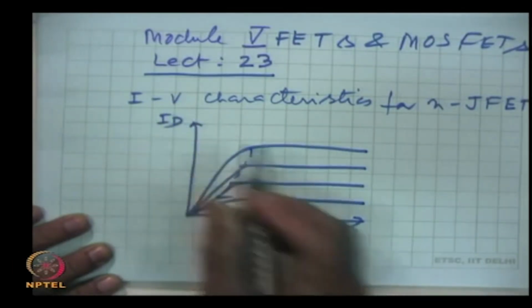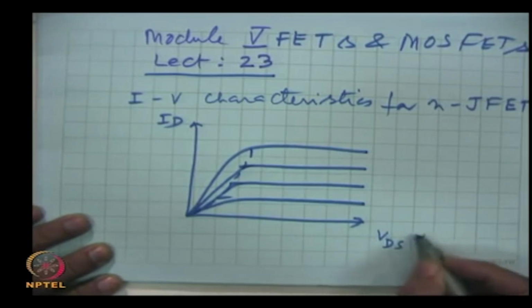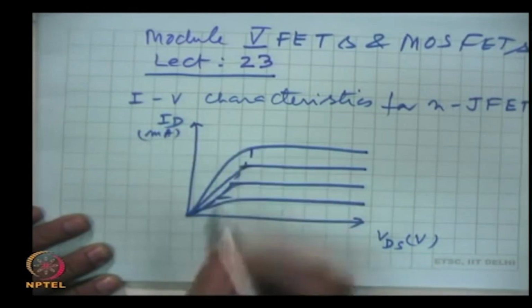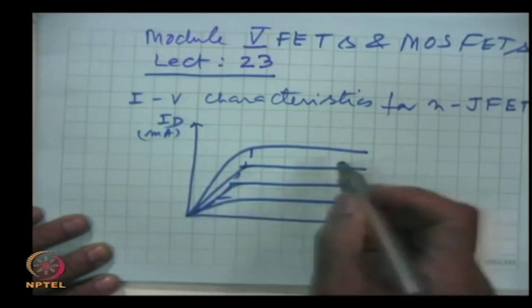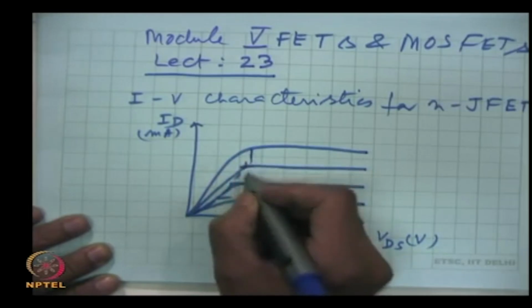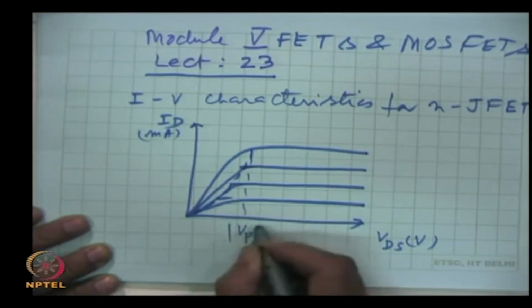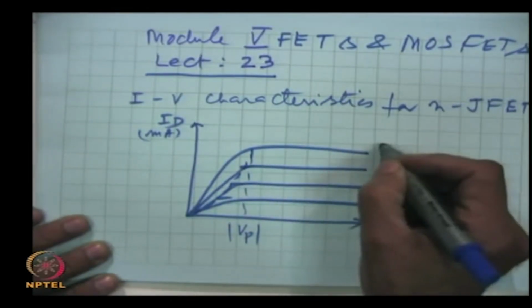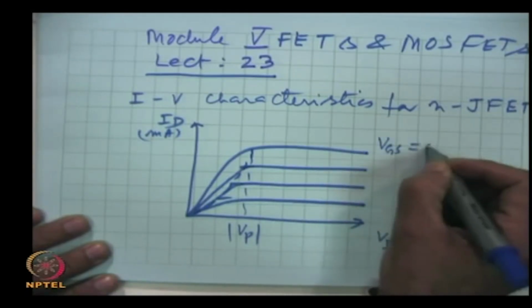This is drain current, normally in milliamperes, and this is VDS in volts, and these are the characteristics. This was Vp, the pinch off voltage, and these are the characteristics for VGS equal to 0.